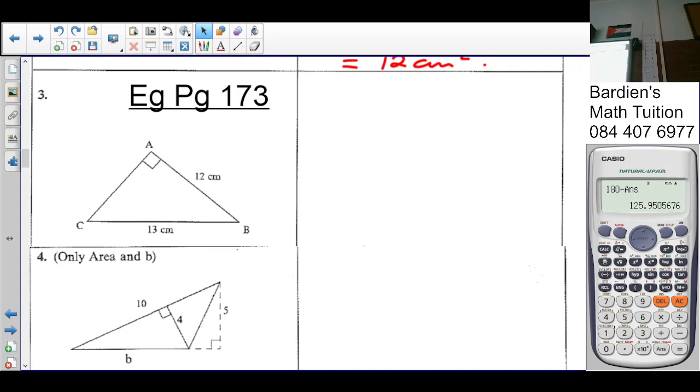Pythagoras, yes. Guys finished? No, this is number 3, not 4. Did I do number 3 or are you still busy with number 3? So busy, okay?